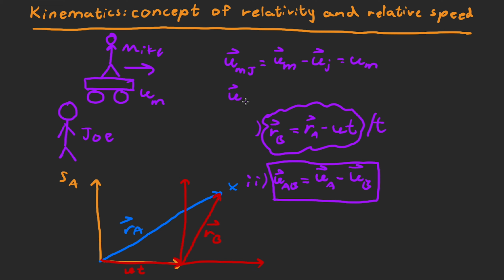But the relative speed of Joe in the perspective of Mike is Joe's speed minus Mike's speed. And since Joe's speed is 0, this is just Vm with a negative sign in front, which means left and not right. And that's basically the whole concept of Galilean relativity.